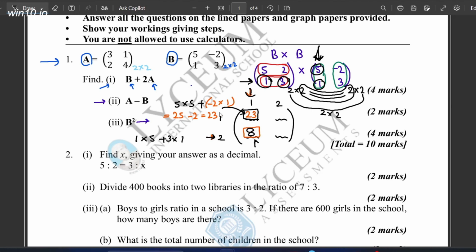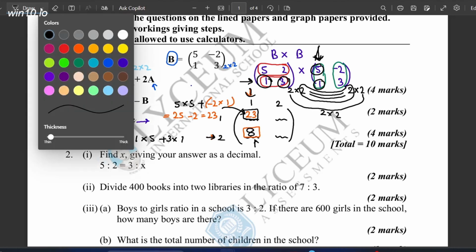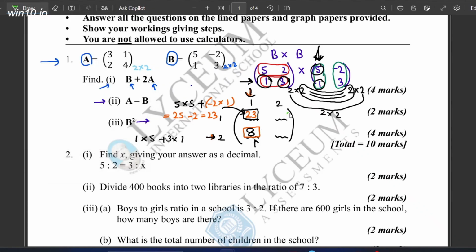8 is the answer. Okay, then after that, we are going to the first row, second column element. So that means first row from the first matrix, second column from the second matrix.